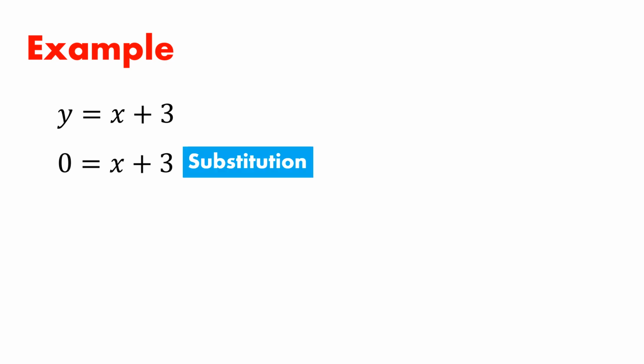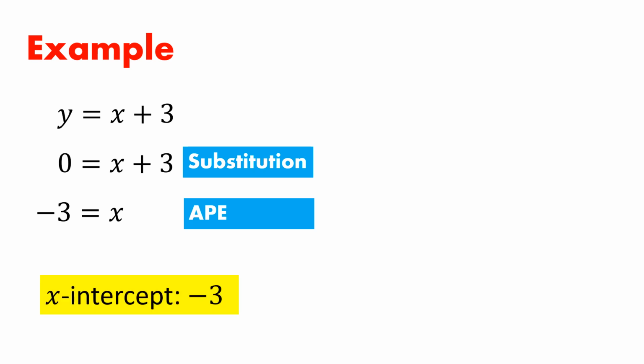Suppose we want to find the x-intercept of the equation y equals x plus 3. We substitute 0 to y and solve for x using addition property of equality. We get the x-intercept to be negative 3.